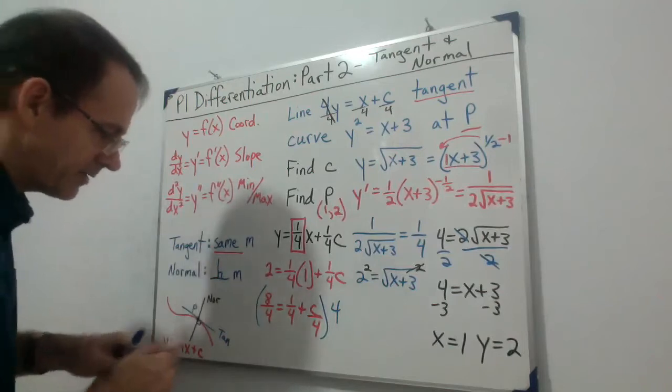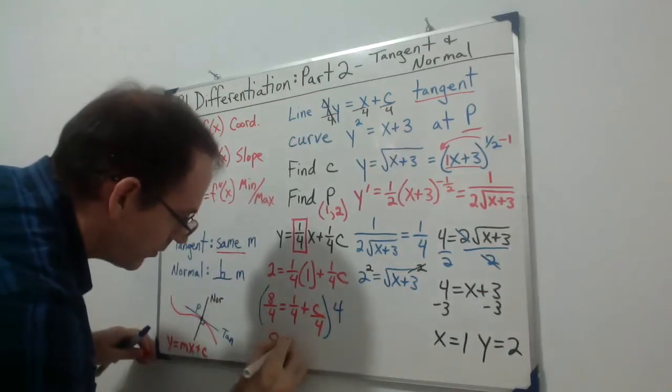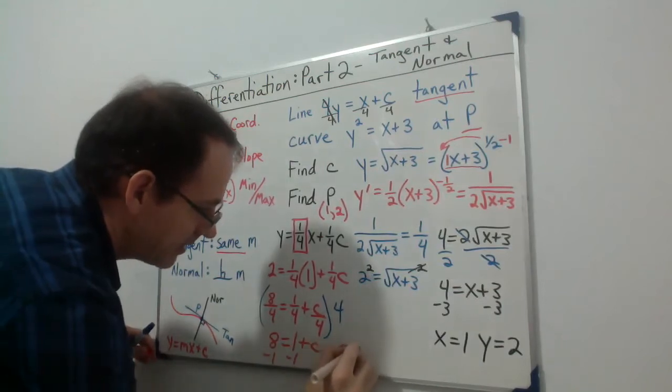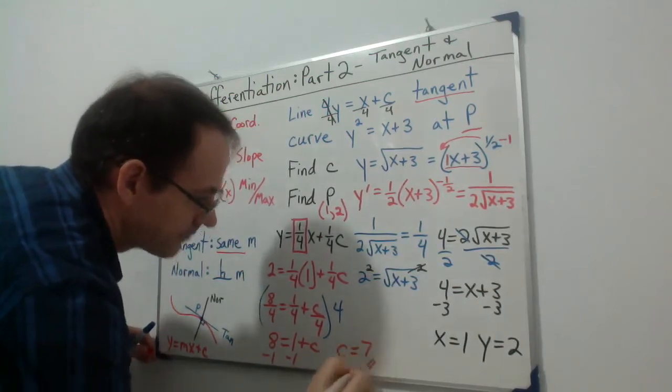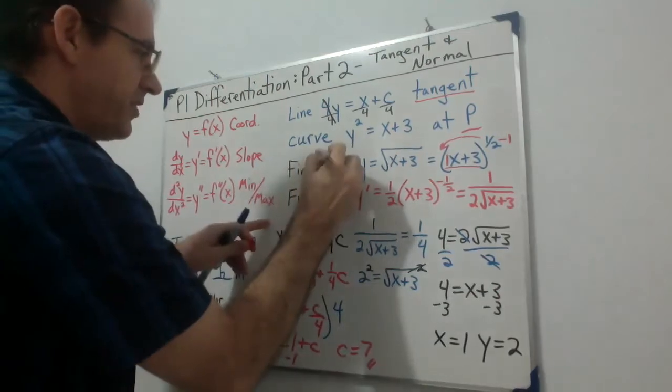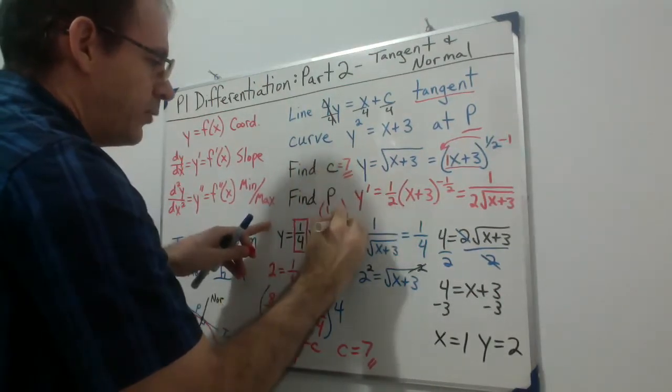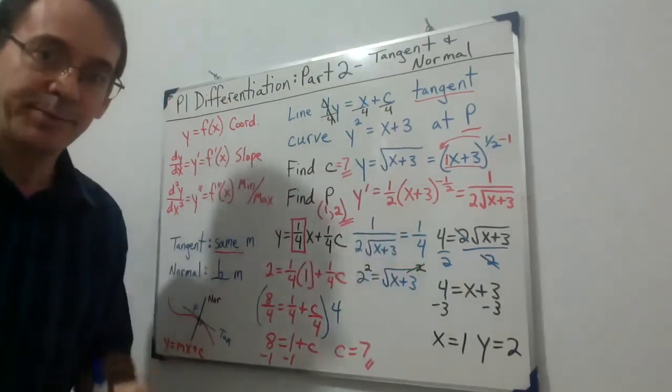So now we get 8 equals 1 plus C, subtract 1, C equals 7. Okay, so we found C, and we found point P.